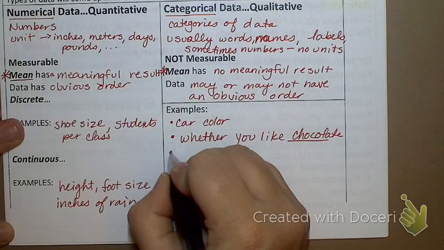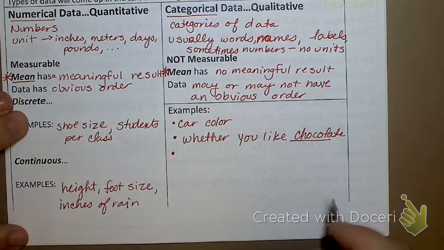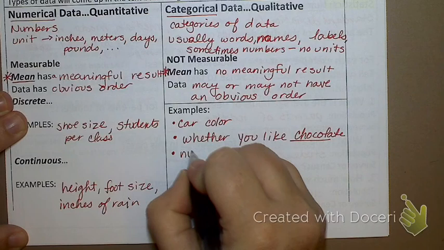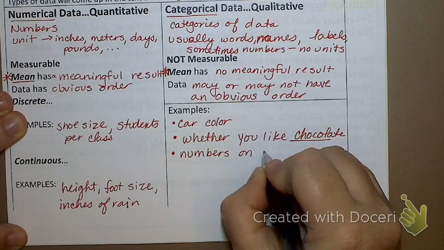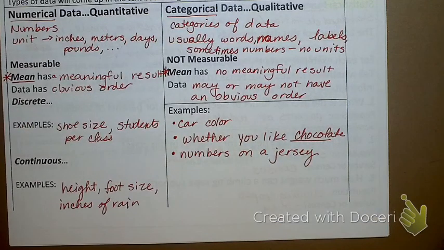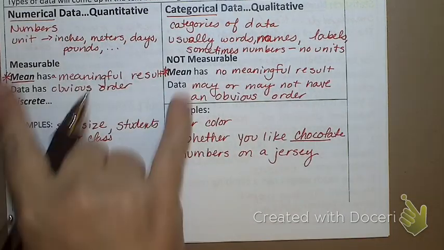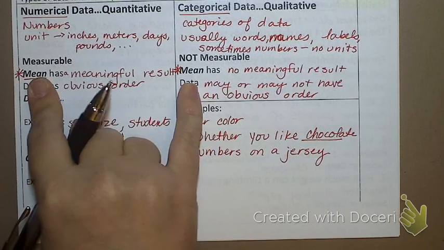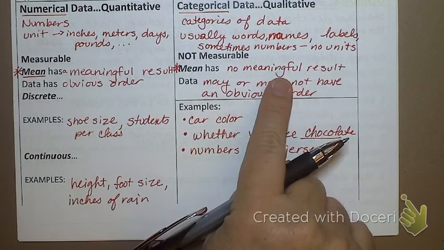Here is one that is a number result, but is categorical or qualitative data. Numbers on a jersey. For example, a basketball jersey or a football jersey. If we took all the numbers on the football jerseys for the football team and we averaged those numbers together, in other words, we found the mean, does the average number of the football jersey numbers have a meaningful result or no meaningful result?